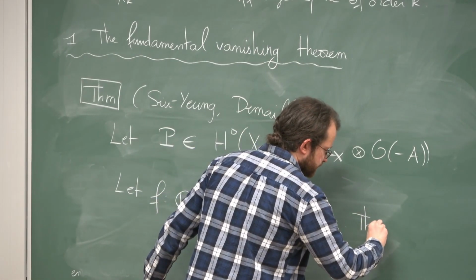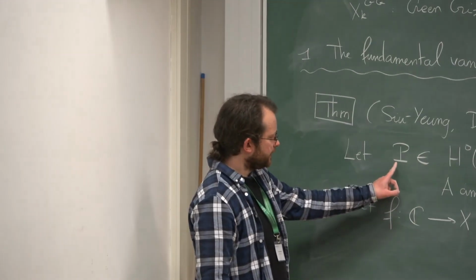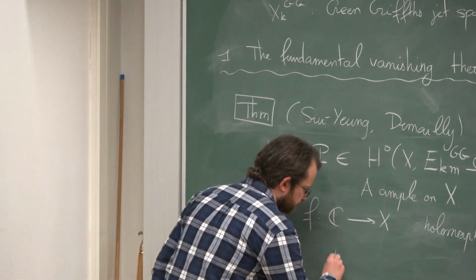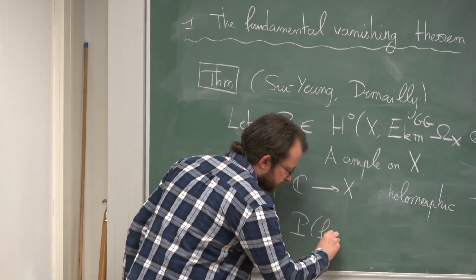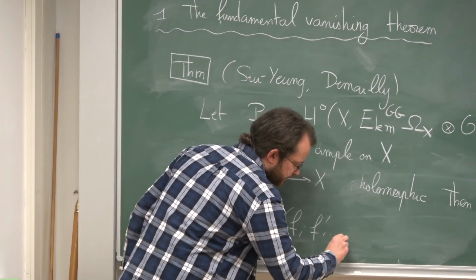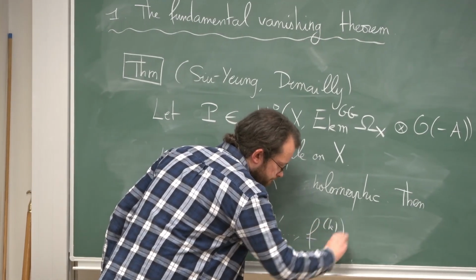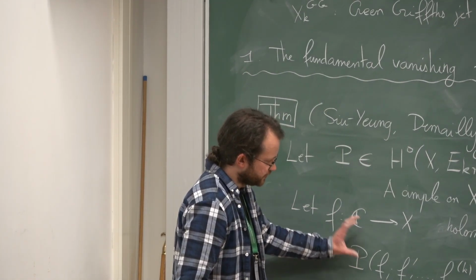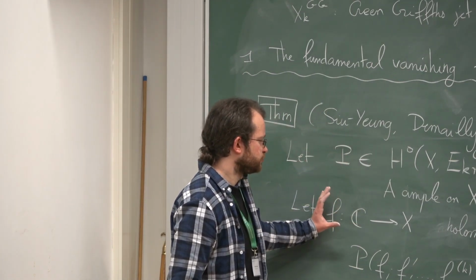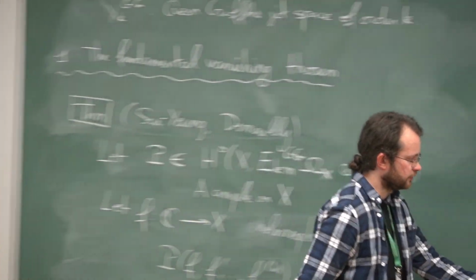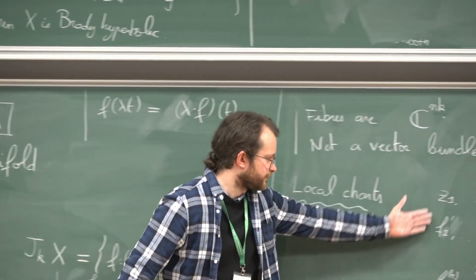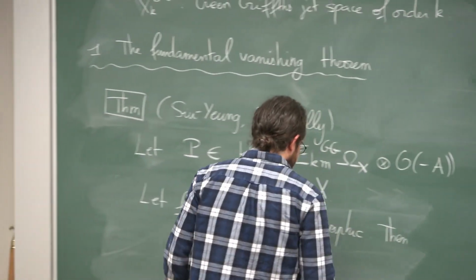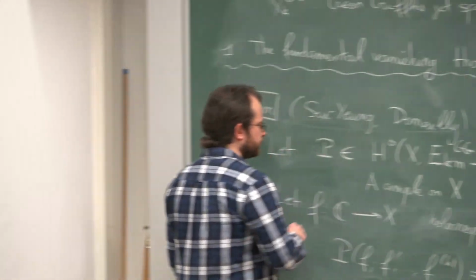Then, and this I will explain in a moment, you can apply P, if you see it as a differential operator, to f. And you get something like that. So P, as I will explain in a second, can be expressed as a differential operator that you can apply to any germ of curve. So I think you can guess that will be true using the fact that P can be written in terms of these coordinates. Then the theorem tells us that this is identically zero.